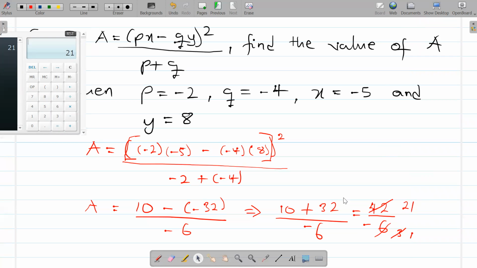So this is 7. So you end up getting minus 7 because there is a negative here.